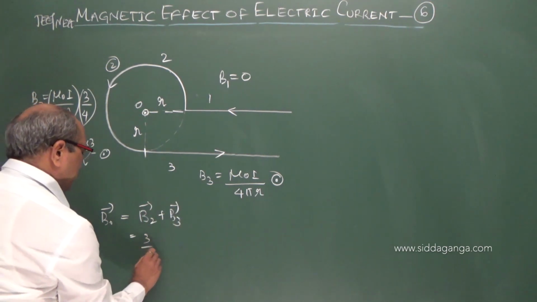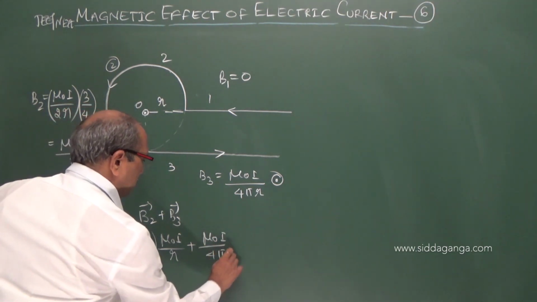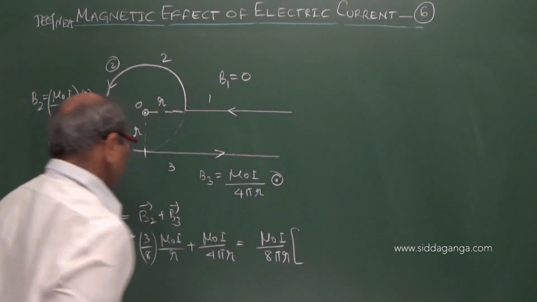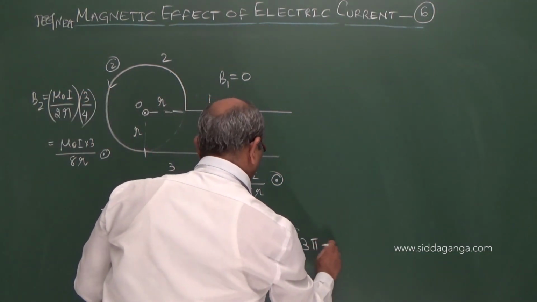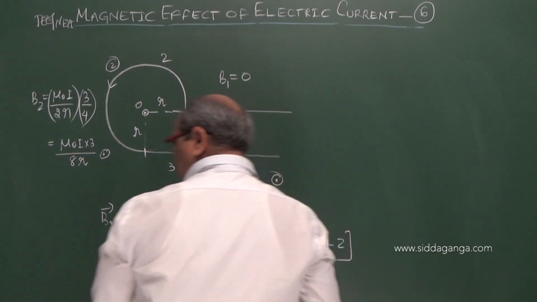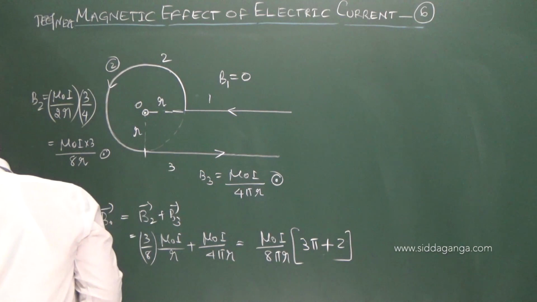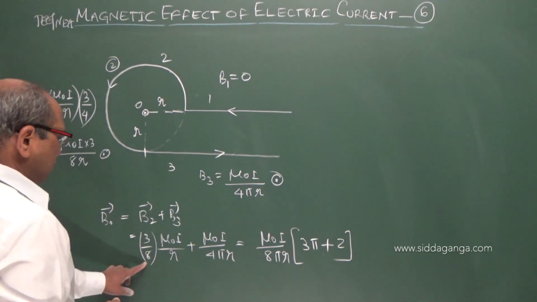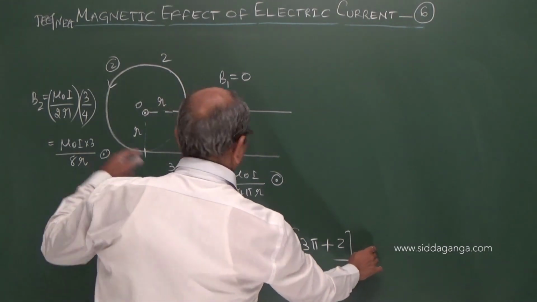B2 is 3 by 8 into mu naught I by R, plus mu naught I by 4 pi R. If I bring out mu naught I by 8 pi R, 3 pi is required here, therefore 3 pi plus 2, 4 into 2 are 8. 3 by 8 mu naught I by R. Or otherwise, if you take the 2 inside, 3 pi by 2 plus 1. Both are giving outward.